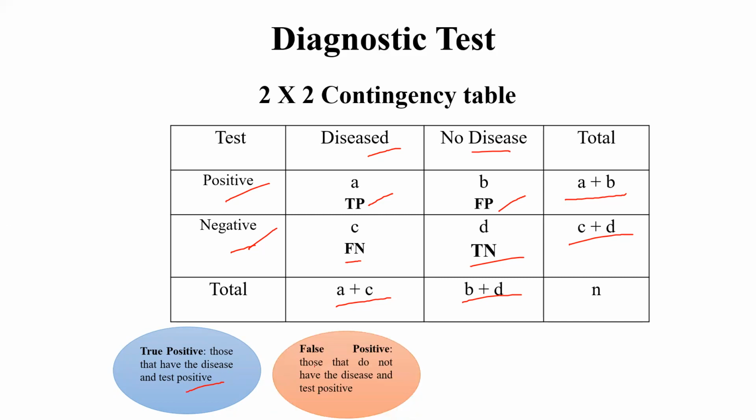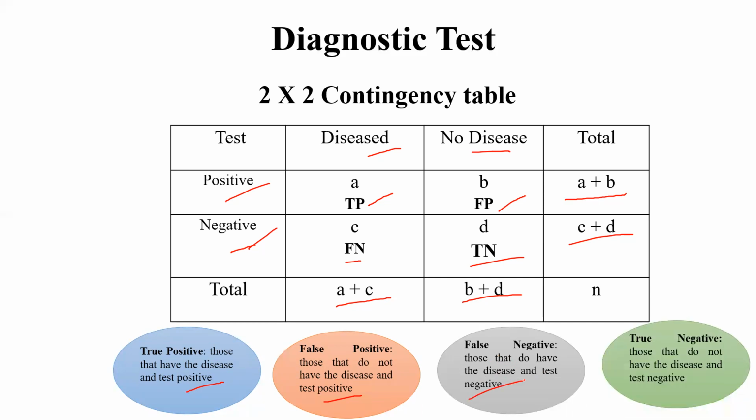False positive means those who do not have the disease and the test is positive. And what is false negative? False negative means those who have the disease and the test is negative. And what is true negative? True negative means those who do not have the disease and the test is negative. So this is about true positive, false positive, false negative, and true negative.